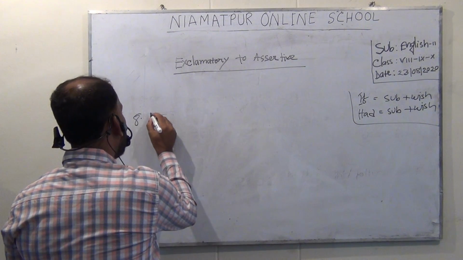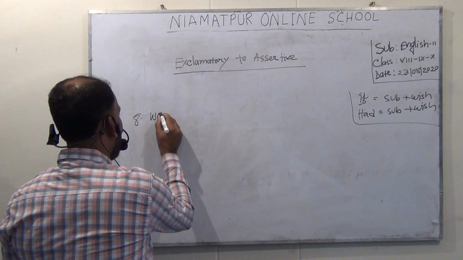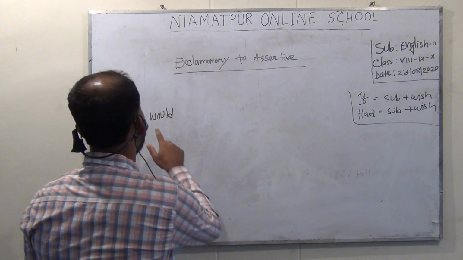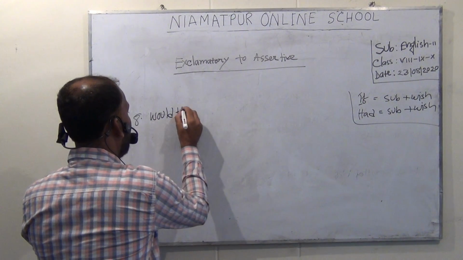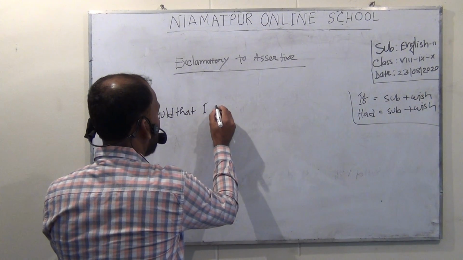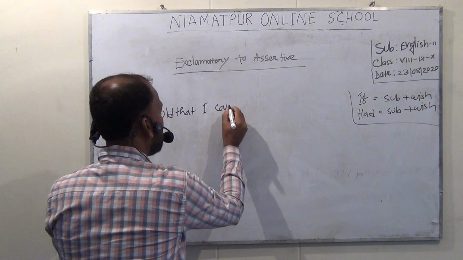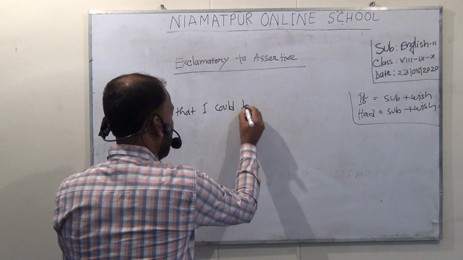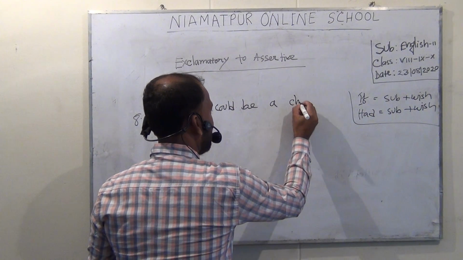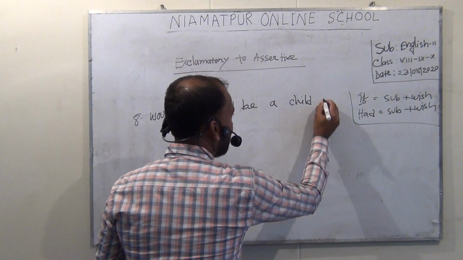So we can put another example. 8. Sometimes you can see would that I could be a child again.